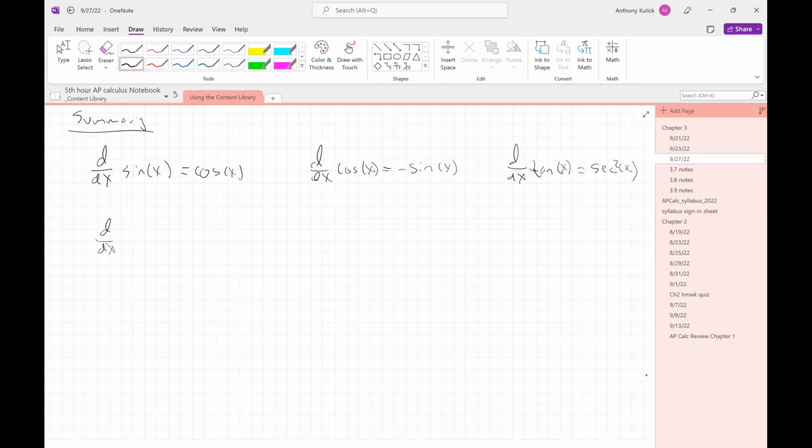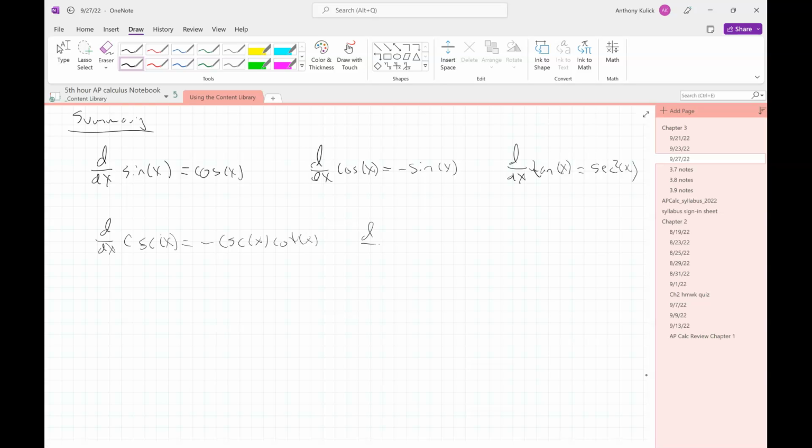The derivative of cosecant is negative cosecant times cotangent.